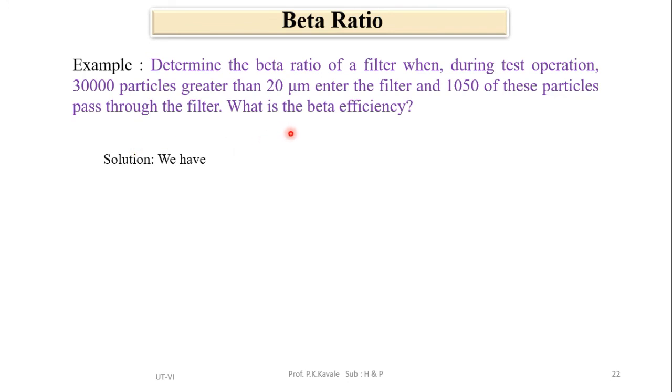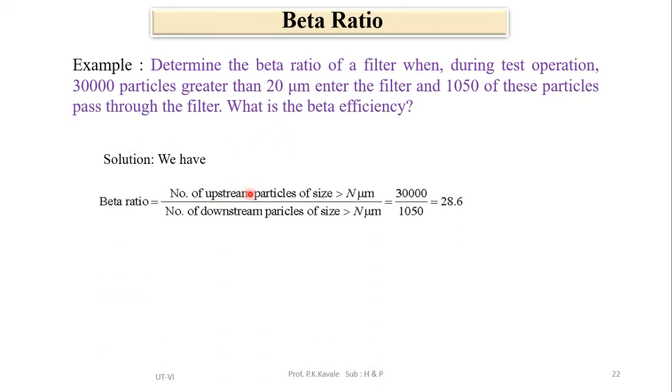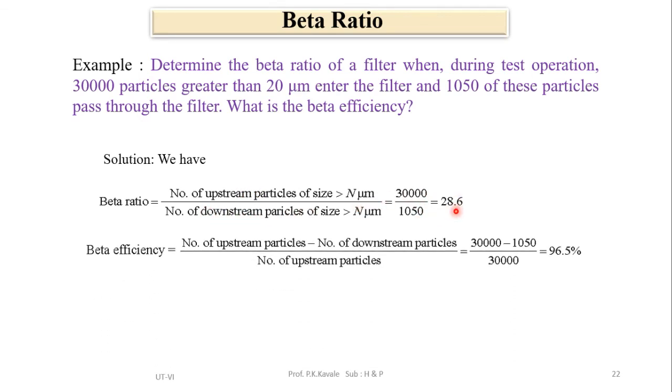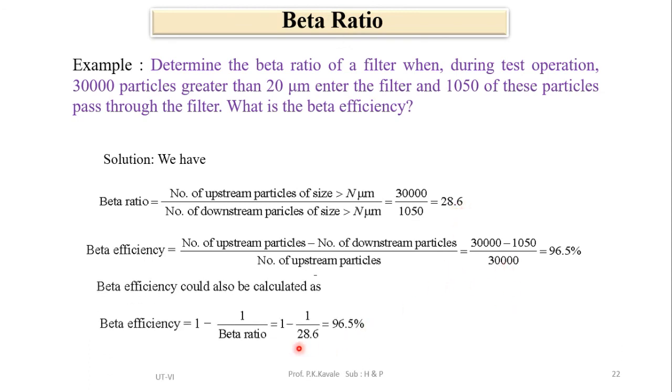What is the beta efficiency? The number upstream and the number downstream: 30,000 upon 1050. So the beta ratio is 28.6. The beta efficiency is 1 minus 1 upon beta ratio, so 96% is the efficiency of the filter.